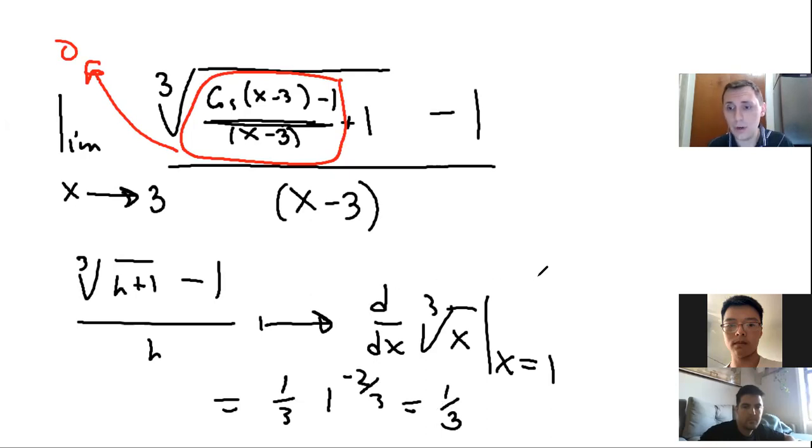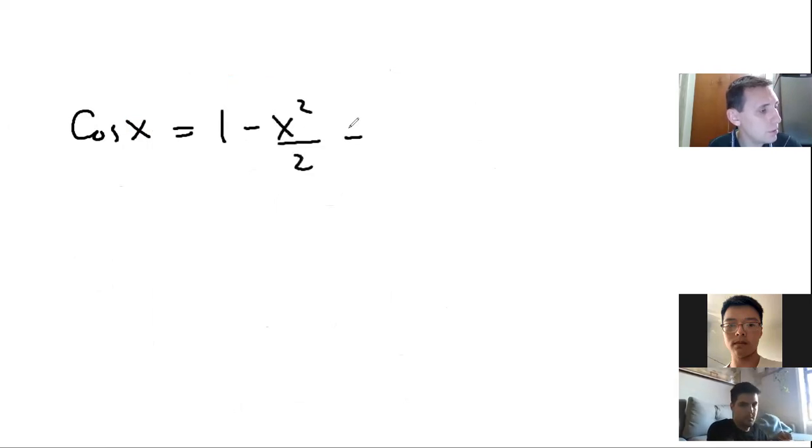Now, if you understand what cosine is, right? So cosine of x, this is something I did with my evening students. How do you calculate it? It is the same as 1 minus x squared divided by 2, plus x to the 4 divided by 4 factorial, and onwards.